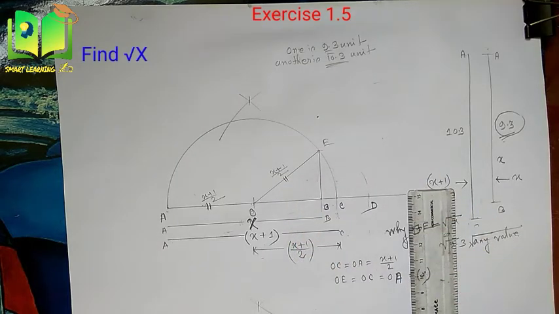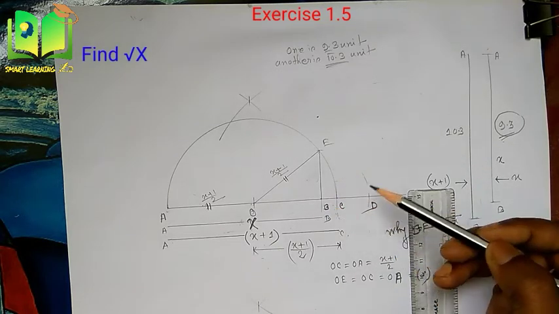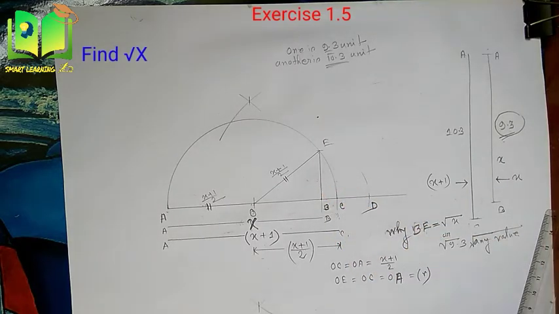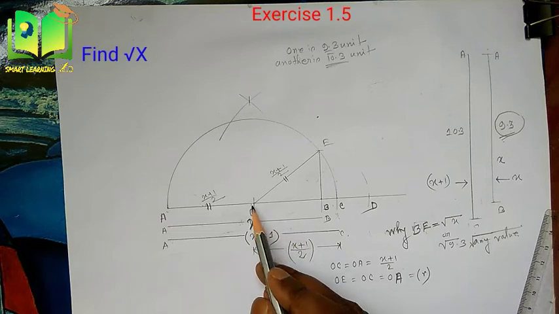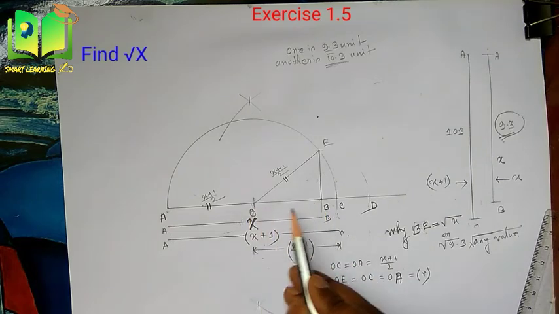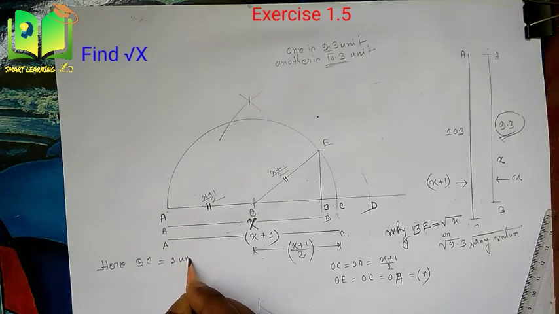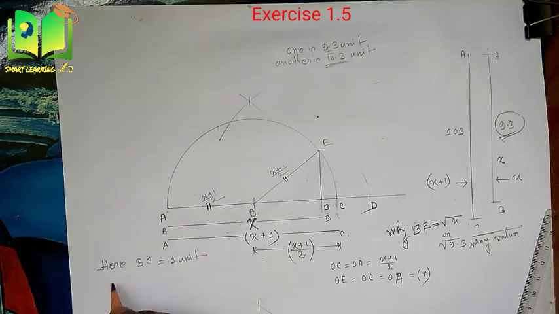Now I will explain how this BE becomes root over x. But before that, we have to find out the value of OB also. Here BC equals 1 unit, OC equals x plus 1 by 2 unit.